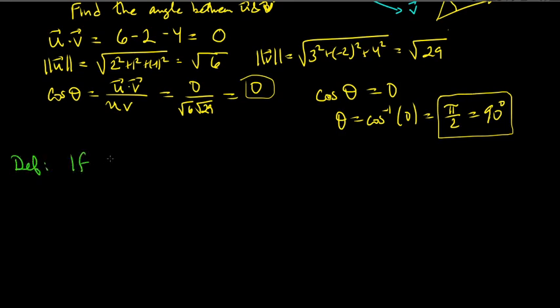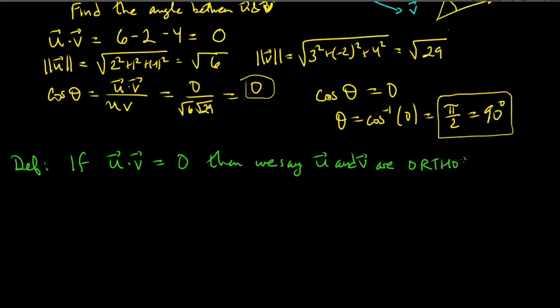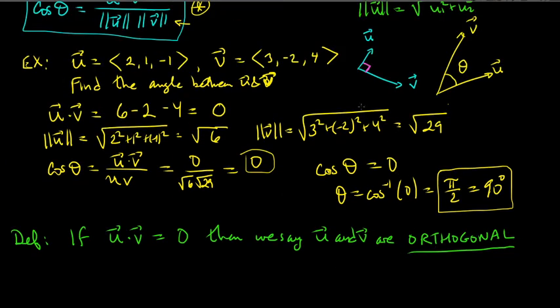So if the dot product of u and v is equal to 0, then we say that u and v, the two vectors, are orthogonal. Okay? And what that means is when you draw the arrows, like I did up here, see that? The two arrows are perpendicular.